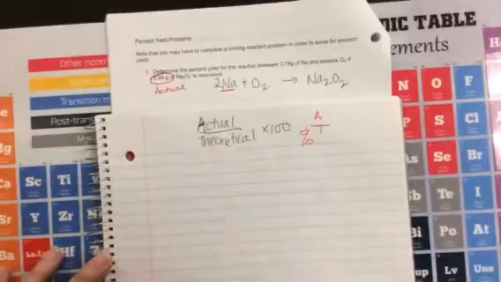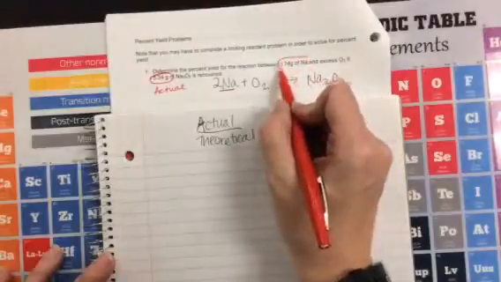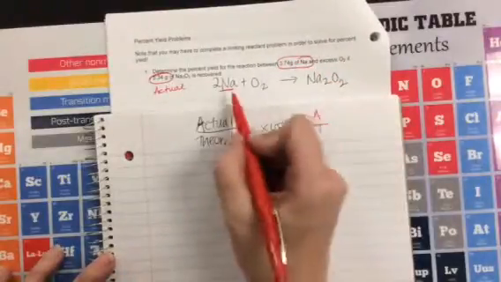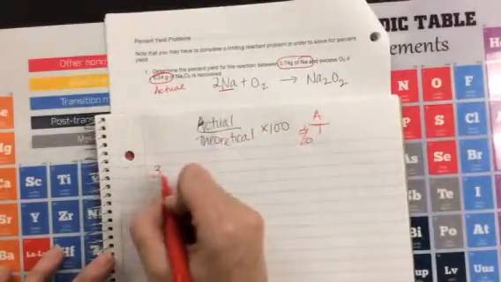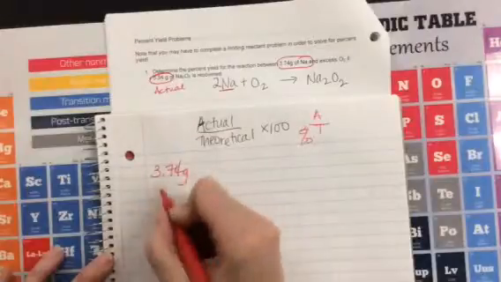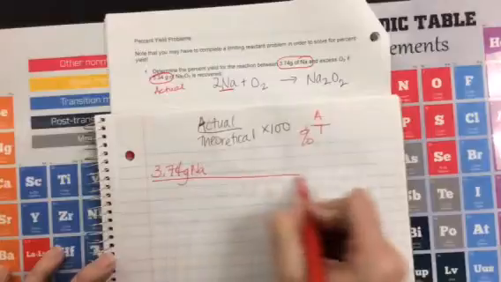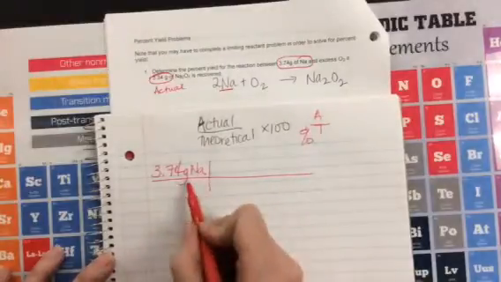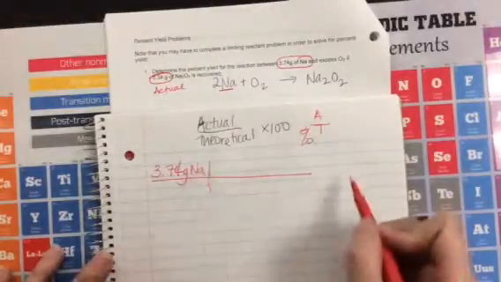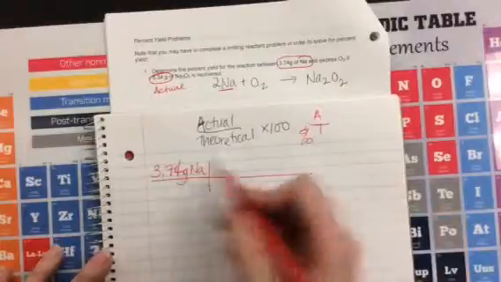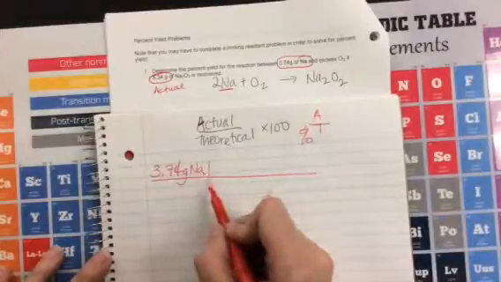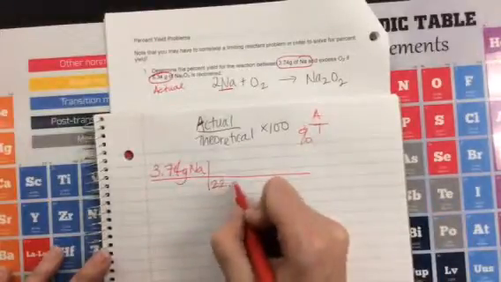I need to figure out my theoretical. So to figure out my theoretical, I'm going to take this number right here, which is a reactant, 3.74 grams of sodium. And I want to know, if I have 3.74 grams of sodium, how much product should I make? So I'm going to first take my grams and turn it into moles.